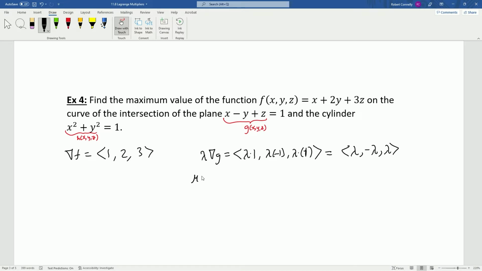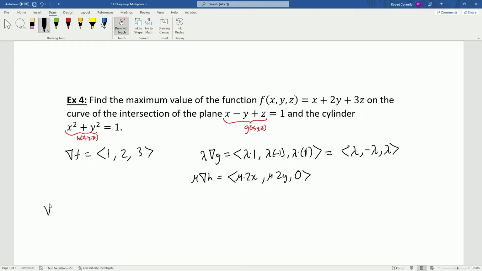And now we want mu times the gradient of h. The derivative with respect to x here is 2x, so that's mu times 2x. With respect to y is 2y, so that's mu times 2y. And with respect to z is just 0, because there is no z, so we get 0.